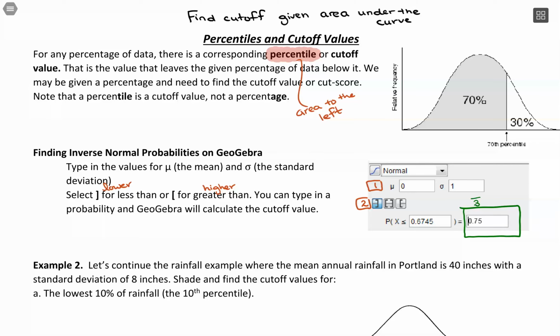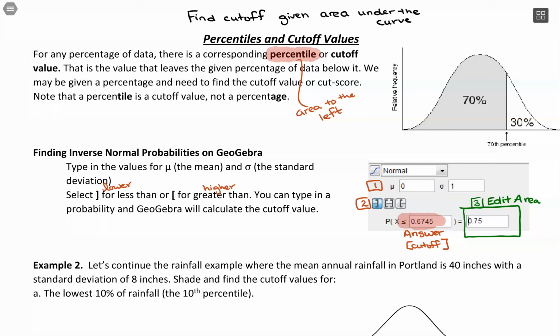So this will be your next step, is to edit the area, and your answer will show up on this side of the equation. In that probability notation will be your answer, which will be a cutoff value. So let's practice this and see how it works.